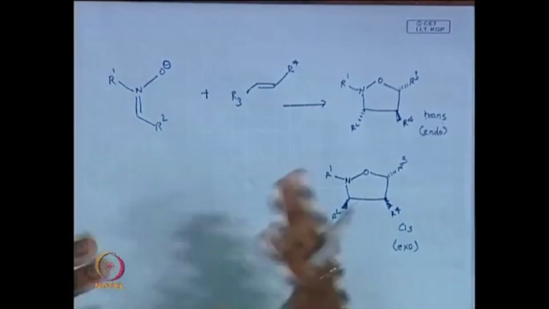Now, what we will do, now we have two products like exo and endo, but there are cases where if you take a chiral nitrone, if you take a chiral cyclic nitrone, sometimes you end up with a sole product, only one product. Okay. For example, I will see this reaction.